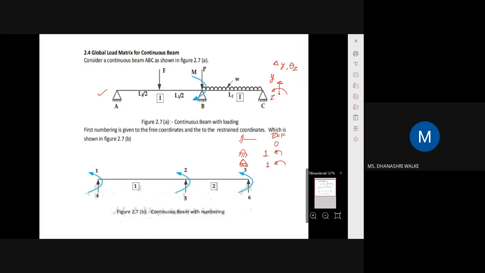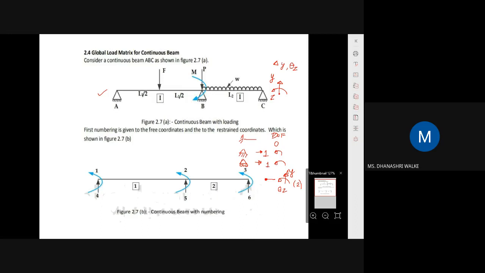In case of a free node, there are two types of displacement: translation along y, that means delta y, and rotation along z. So for a free node, the degree of freedom is 2.